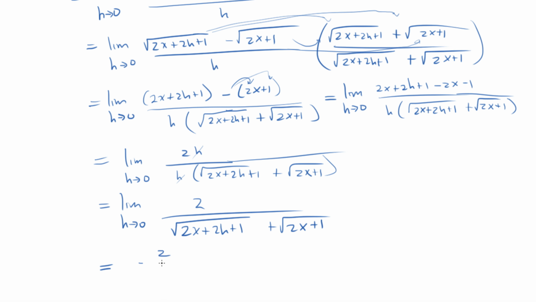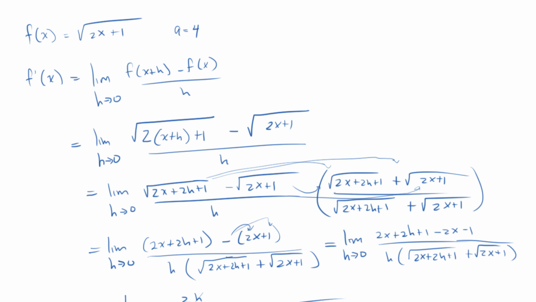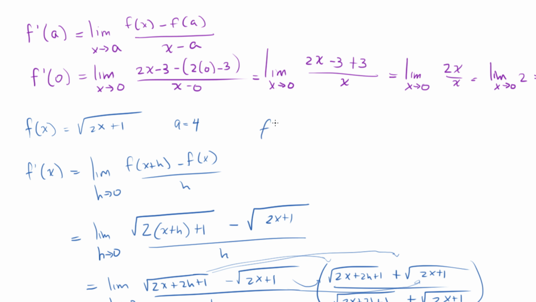So we're going to have 2 over square root of 2x plus 1, and plus square root of 2x plus 1, which added together is going to give you 2 square root of 2x plus 1, 2's cancel, 1 over square root of 2x plus 1. So that's your derivative. Okay, so f prime of x is 1 over radical 2x plus 1.